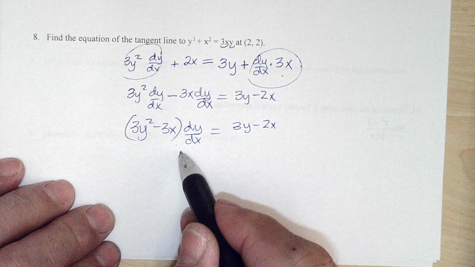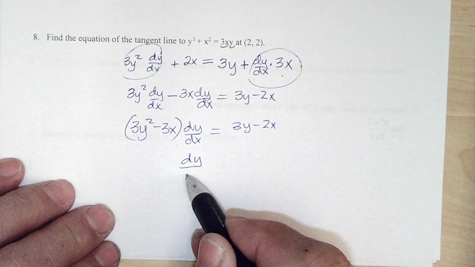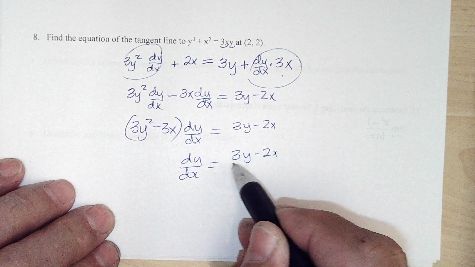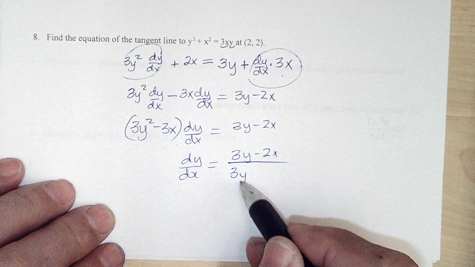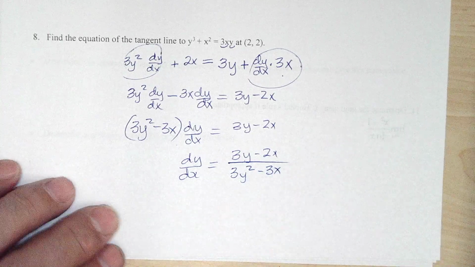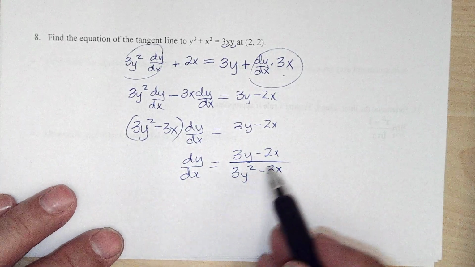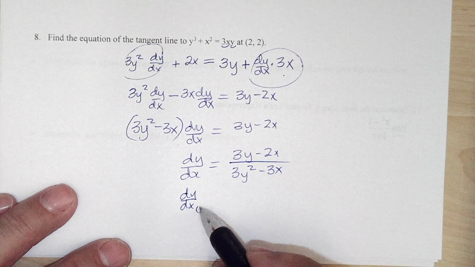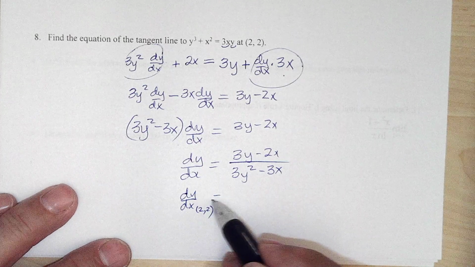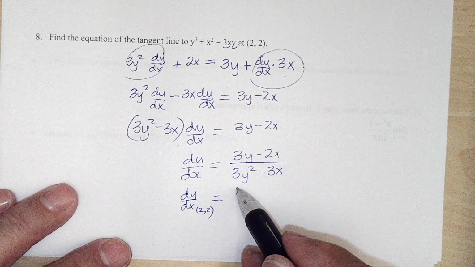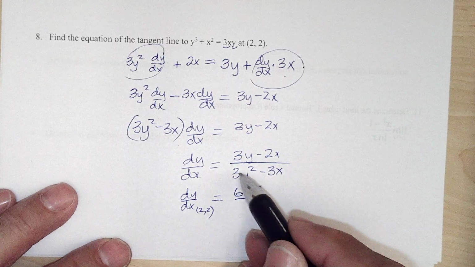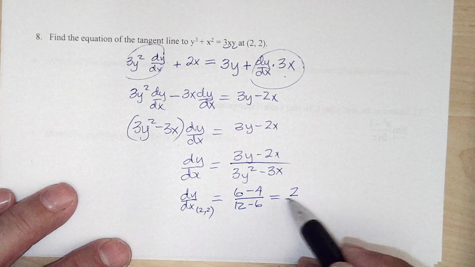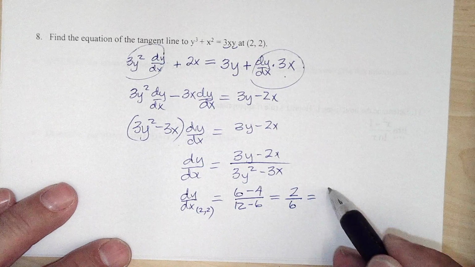And then I'm going to divide by this quantity, and so dy dx equals 3y minus 2x divided by 3y squared minus 3x, and then find the derivative at the point 2, 2. I'm going to plug 2 in for the y and then 2 for the x, so I'm going to get 6 minus 4 over 12 minus 6, which is 2 over 6, or 1/3.